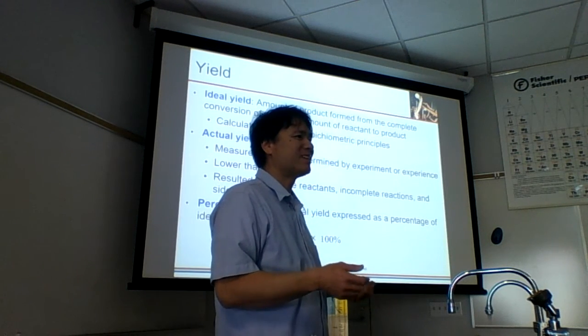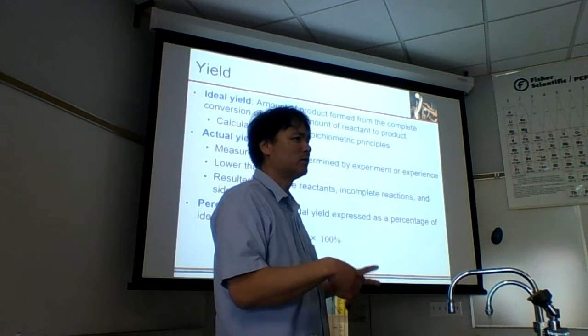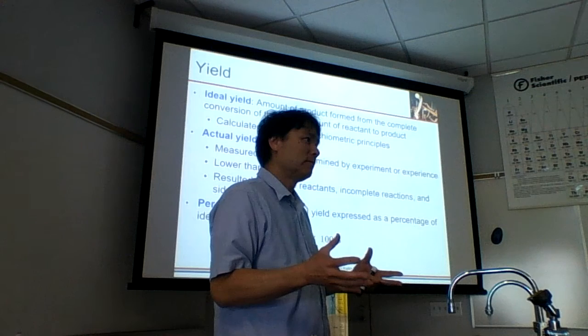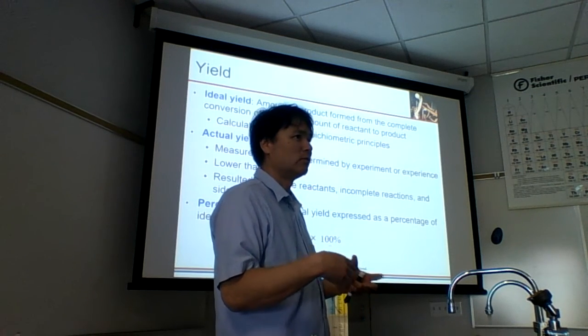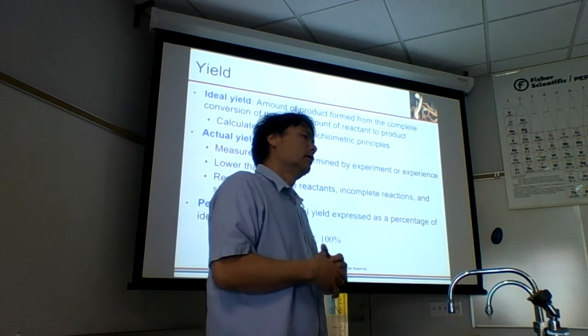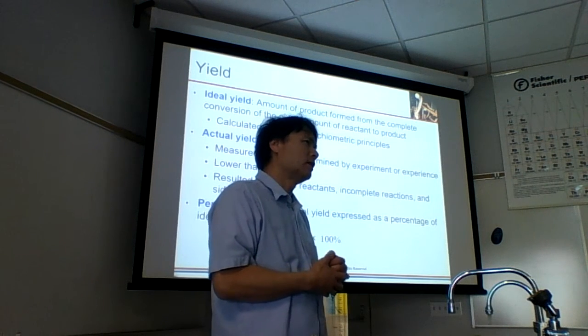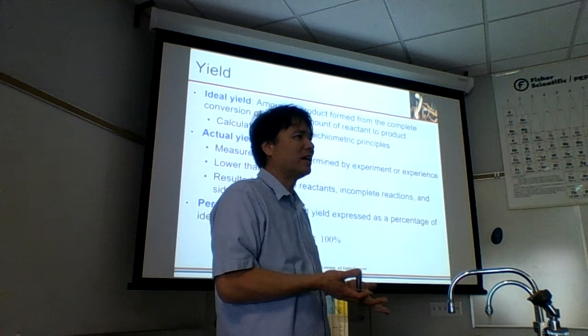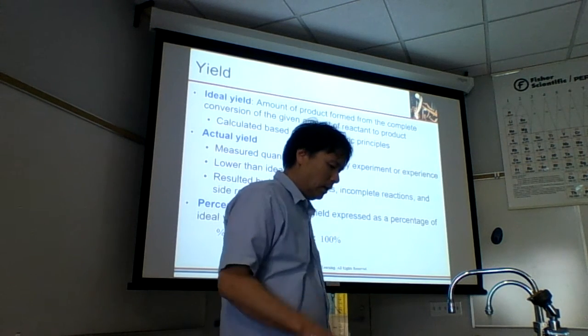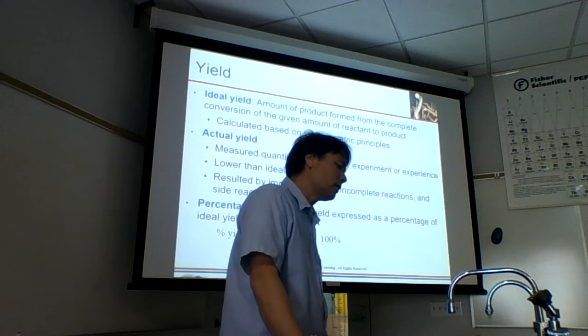But what happens is, sometimes a little bit of dough is left in the mixing vat. Sometimes there's a little bit of spillage or waste, and so in theory you should have been able to make 100 cookies, but maybe you came up with 99 cookies instead of 100. And that's what we call the actual yield.